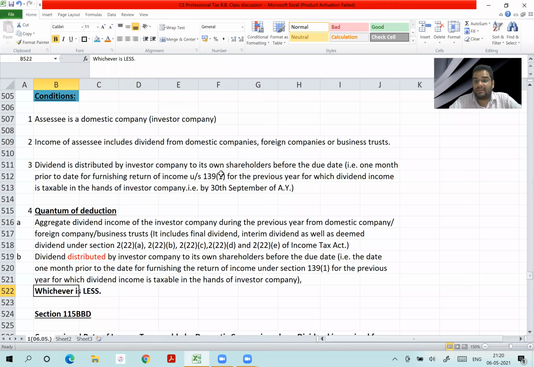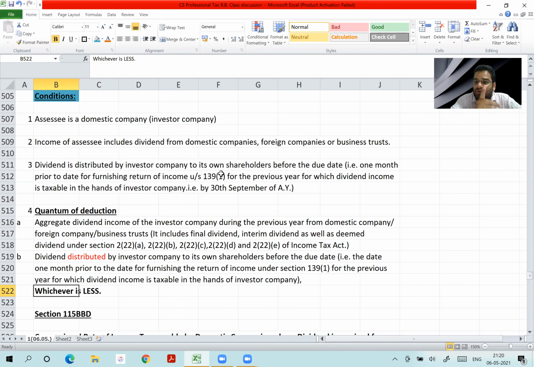Yes. Now understand one more thing. I had got dividend of 40 lakh rupees from multiple sources. Out of that, on or before 30th September 21, I paid dividend of 50 lakh rupees. Now tell me, I will get deduction of how much?